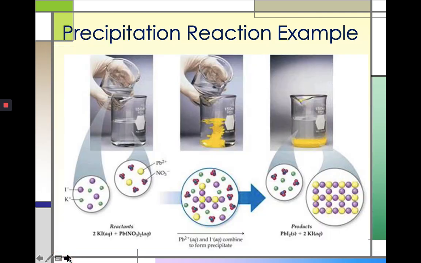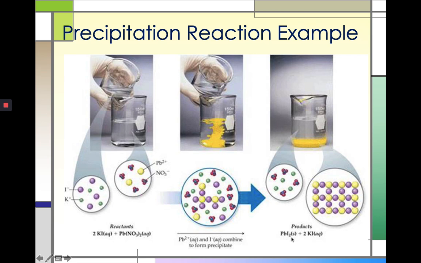Here is an example of a precipitation reaction: the reaction of potassium iodide, KI, and lead nitrate. Once you mix them together, a yellow precipitate is formed, and once you leave it after a while, the yellow solids settle at the bottom. This is our precipitate, lead iodide, PbI2.